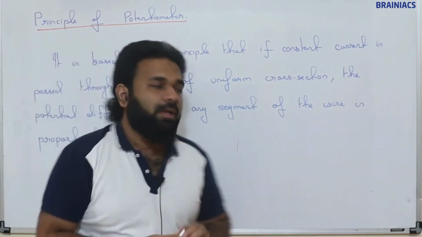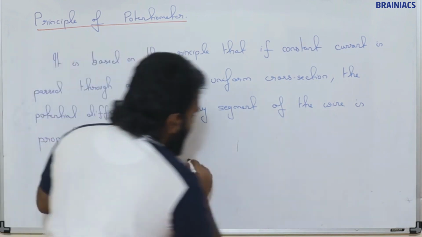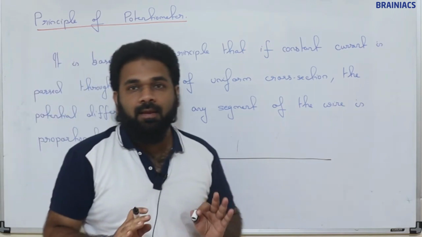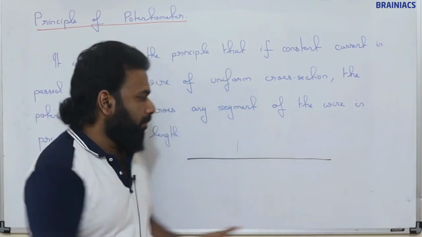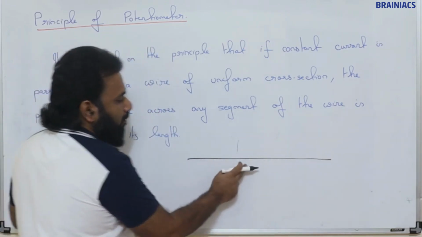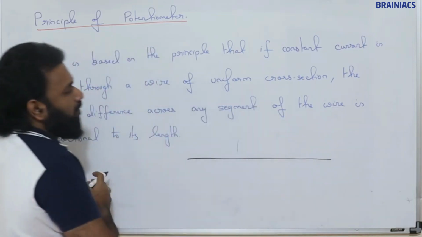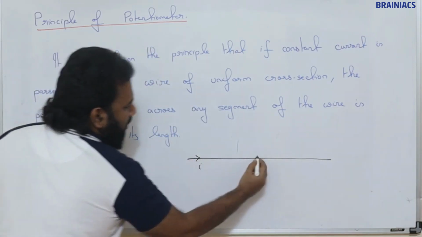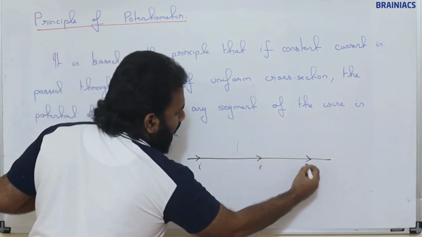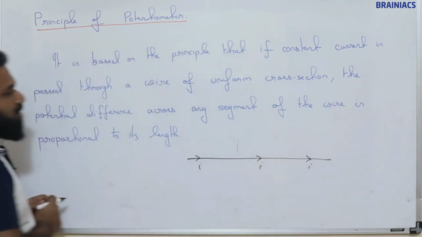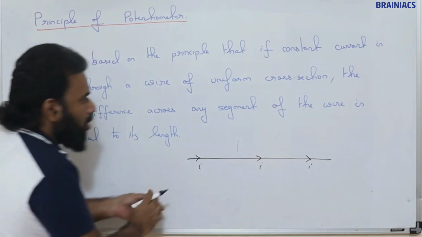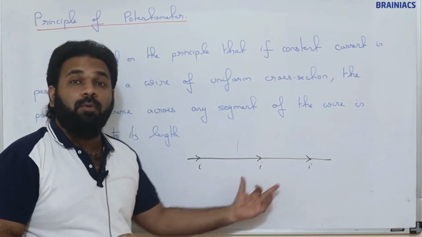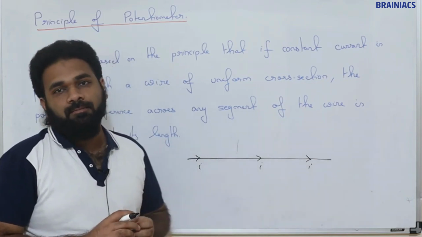Suppose there is a wire and its cross-sectional area is uniform throughout, and we are passing a constant current through this. Now the voltage across any segment is proportional to its length.